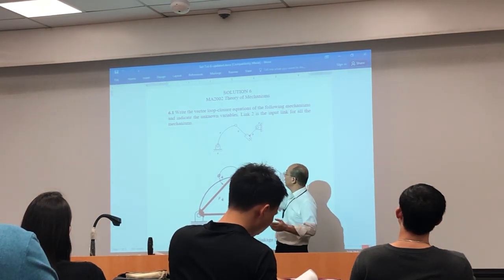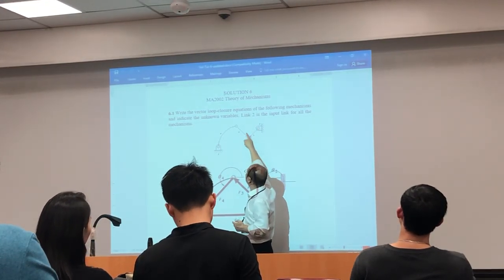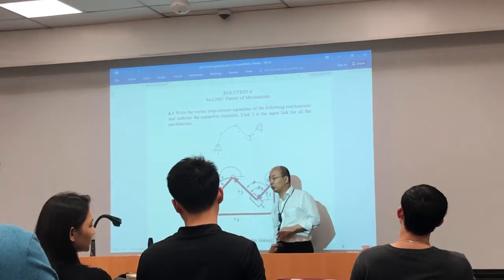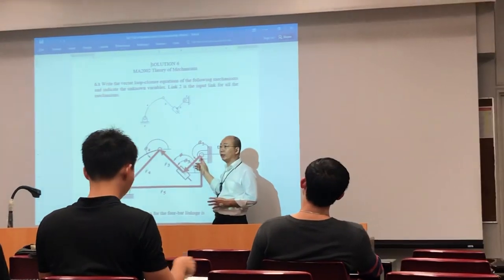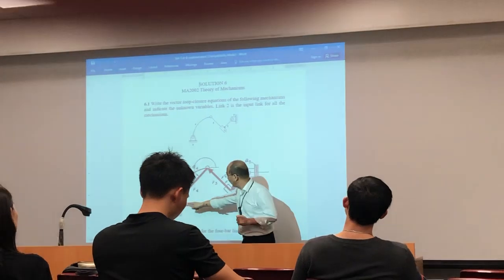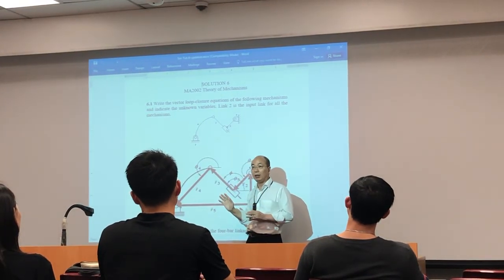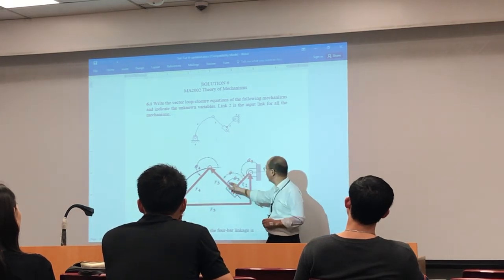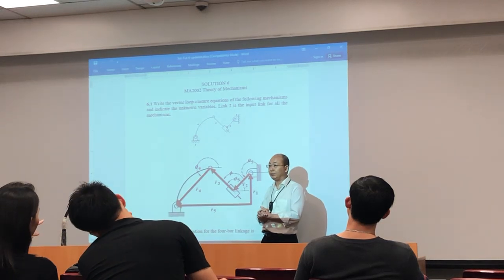So instead of directly closing the vector loop with this vector, we just simply do a horizontal vector, a vertical vector, to make it easier. But if you insist, you want to draw a vector from here to close the loop, that is perfectly okay, right? Because when you resolve this vector into x components, y components, it will be horizontal, vertical, same thing, right?